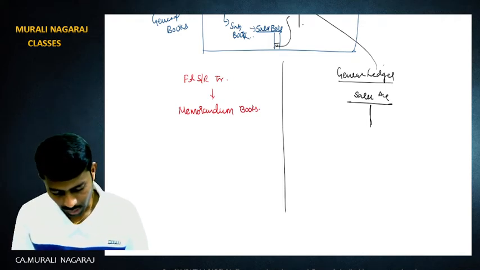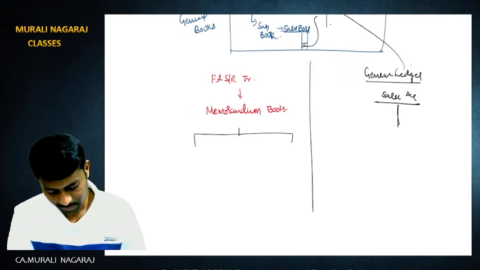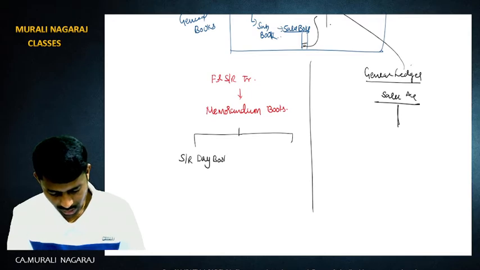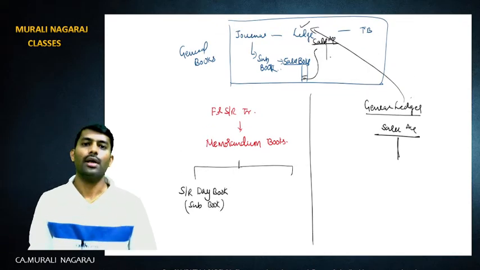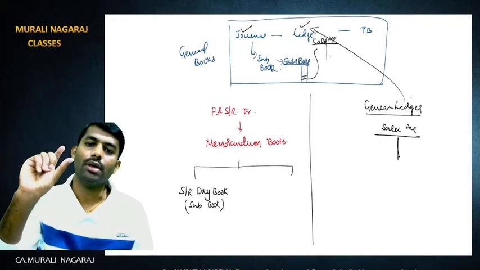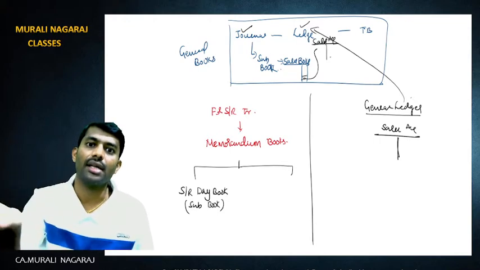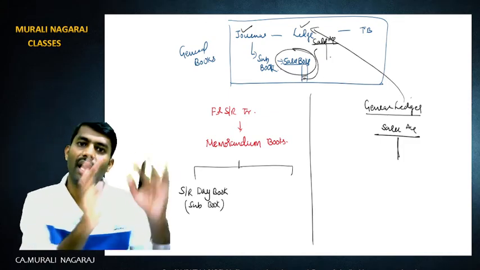One book is the sale or return day book, which is nothing but a subsidiary book. Like how we open in normal general books, since real credit sale transactions are huge, we open a sales book and sales account.